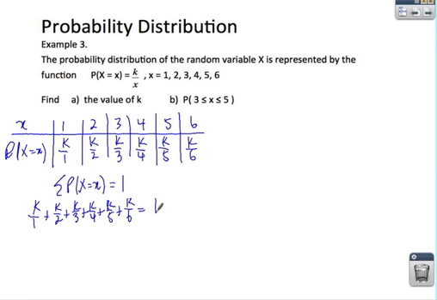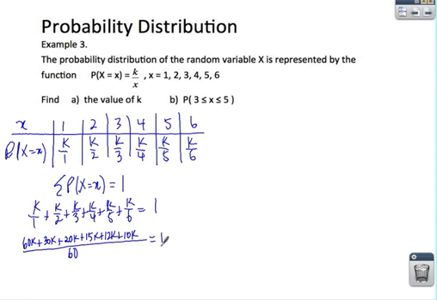To work with 6 and 5, it needs to be at least 30. To work with 4, it would need to then be 60. So our common denominator will be 60, and we'll multiply each numerator by the factor required to make 60. So it'll be 60k plus 30k plus 20k plus 15k plus 12k plus 10k equals 1.